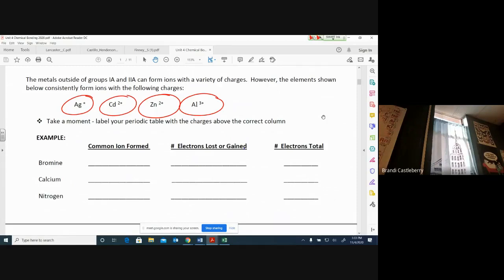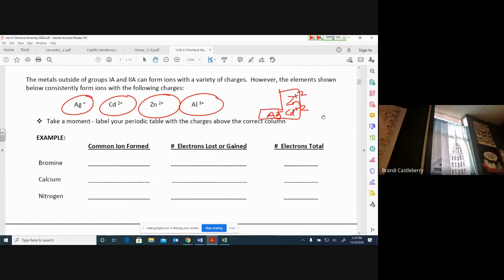In the box of zinc, put a +2. They happen to make this shape on the periodic table. This is Ag, this is Cd, this is Zn, and this is a +1, this is a +2, +2. Those are 2 in a row and they're +2, that's 1 in a row and it's +1. That's kind of how I remember it.